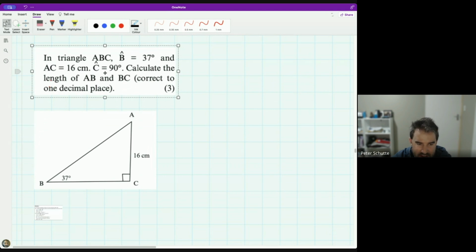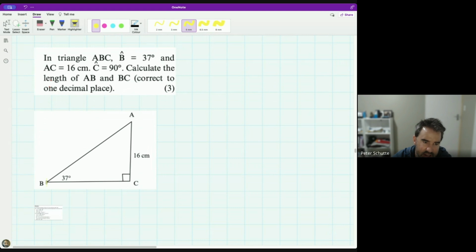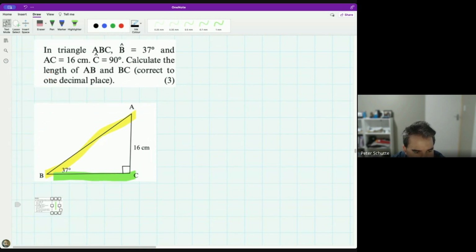You need to find me the length of, let's go with the length of AB. So let's first find the length of AB and then find me the length of BC. So over to you guys and girls. Can you find me the length of AB using what you've learned about trigonometry so far?